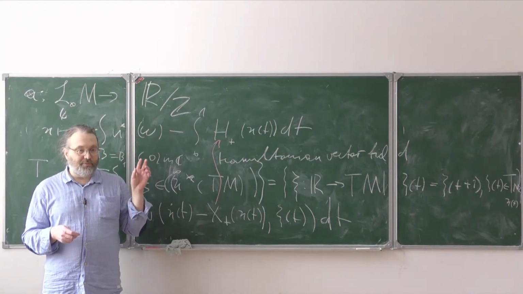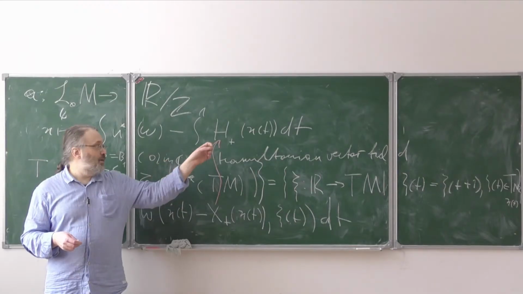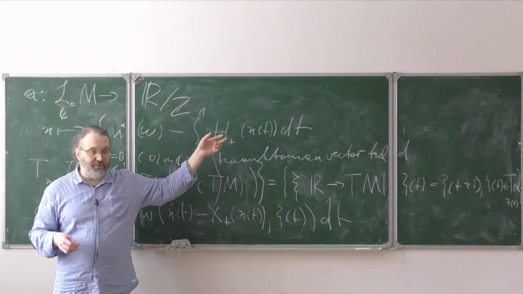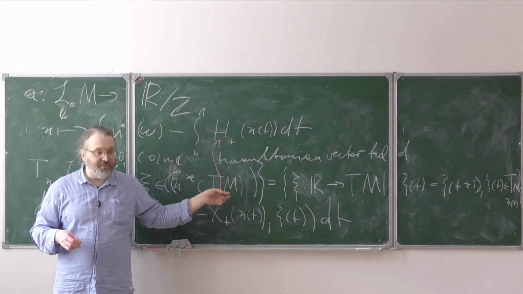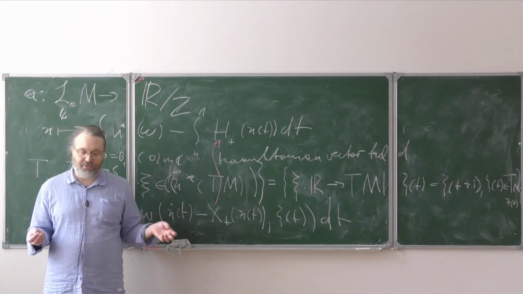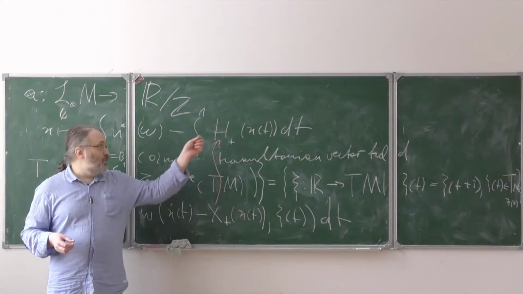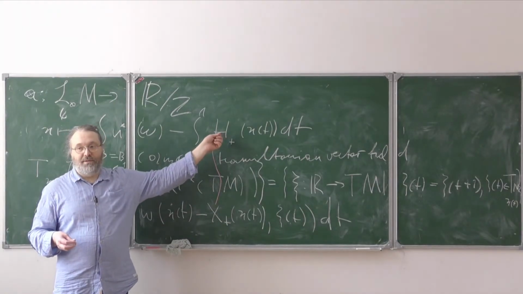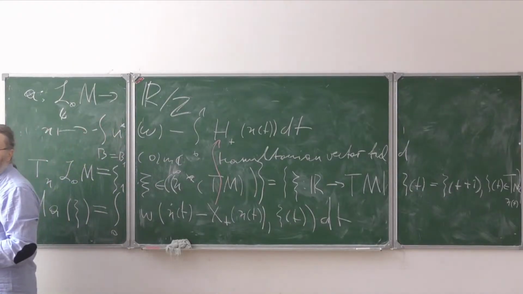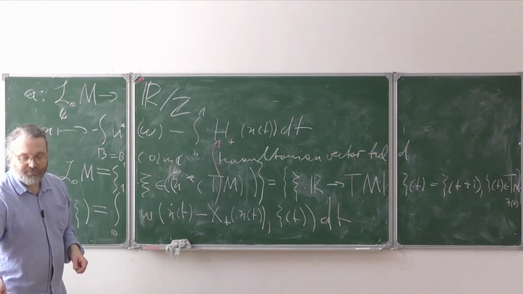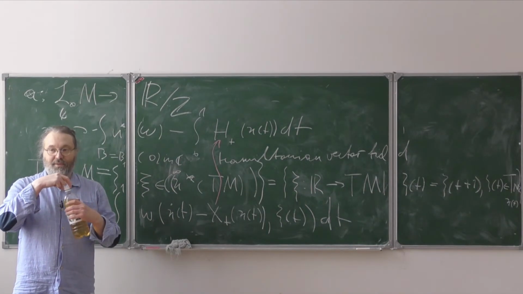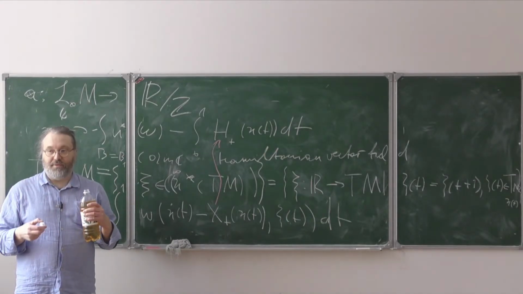So starting from the form and the differential of H_t, we can construct a vector field. And we denote it x_t. This is what people call the Hamiltonian vector field, which is like a gradient also, because this vector field is tangent to the level sets of H.